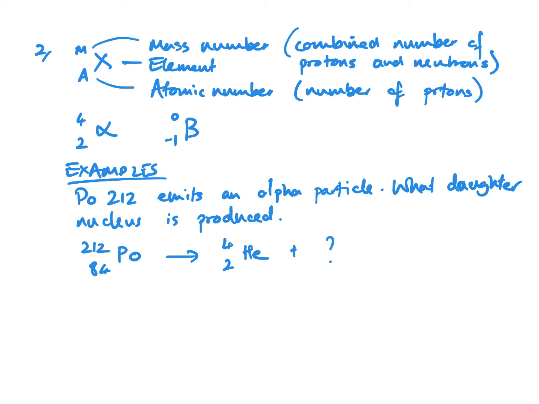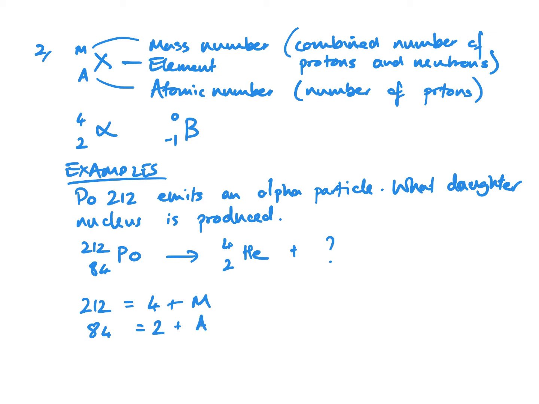And basically the atomic number and the mass number both need to be balanced. So we know our unknown mass number plus 4. So 212 is equal to 4 plus m. That's the mass numbers. And 84 is equal to 2 plus a, the atomic number.